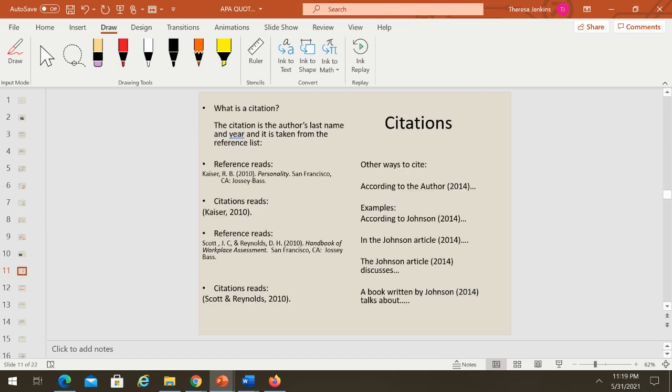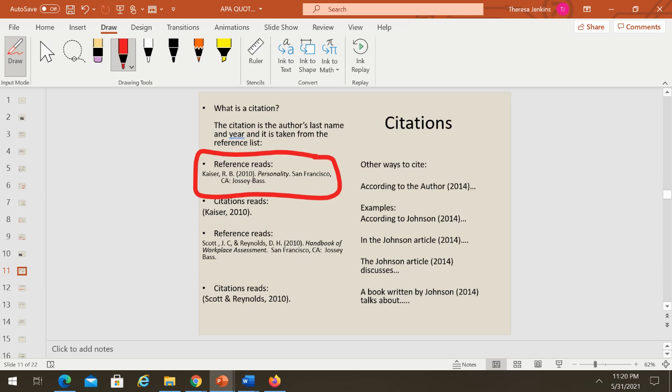Now, what about citations? Citations are very different from references, okay? The reference is what goes at the end of your paper or the end of your discussion question. The citation is what goes into the paragraphs, and we'll look at examples of those in just a moment.